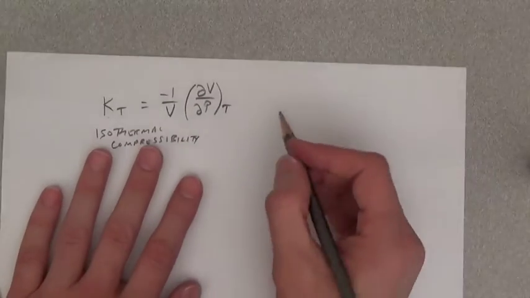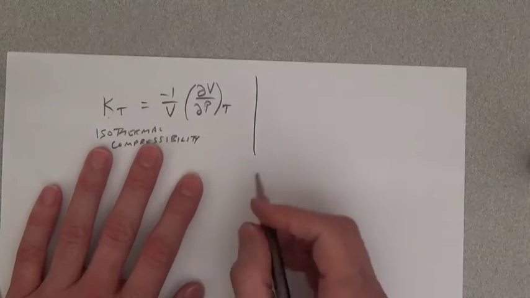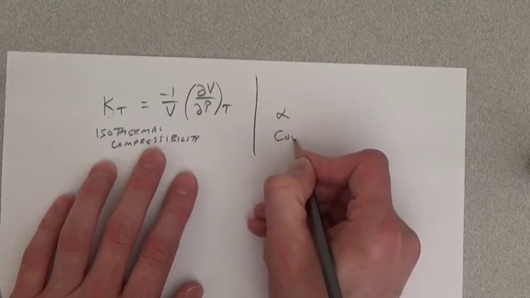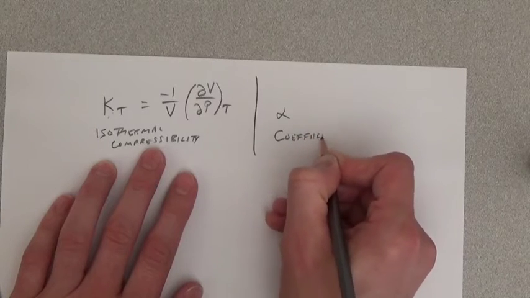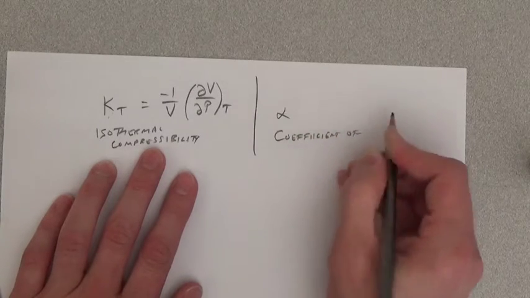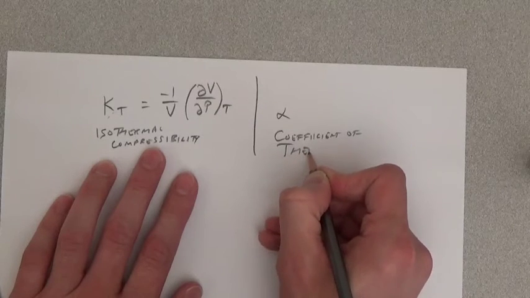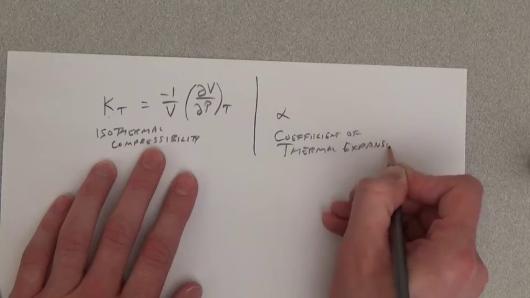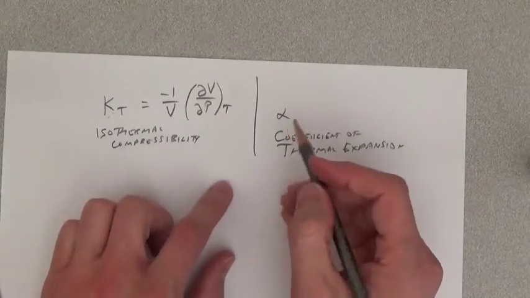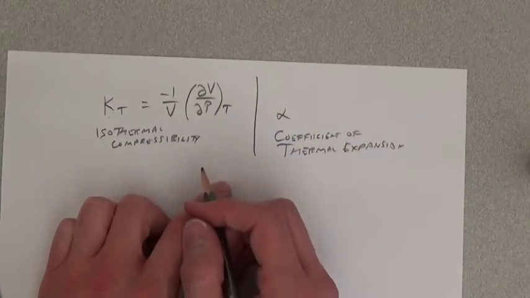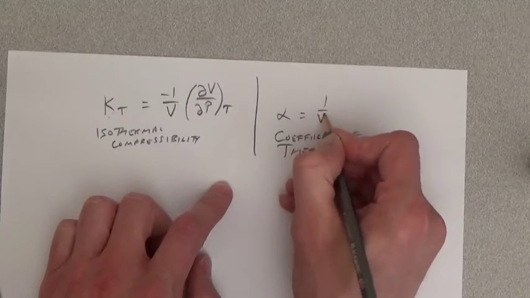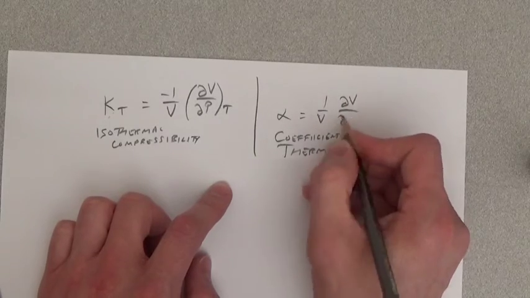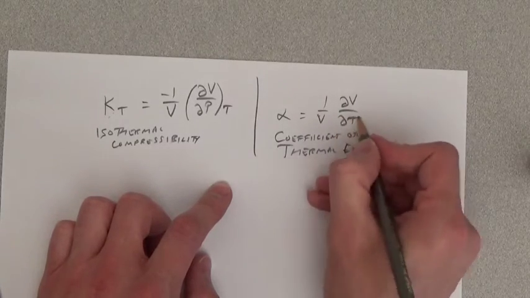And we have the coefficient of thermal expansion, which is defined as 1 over V times the change in volume with change in temperature.